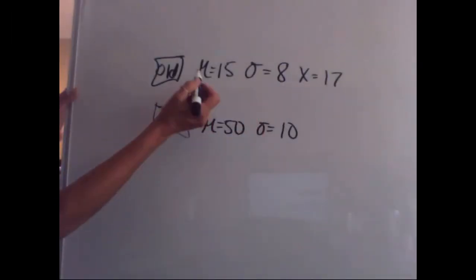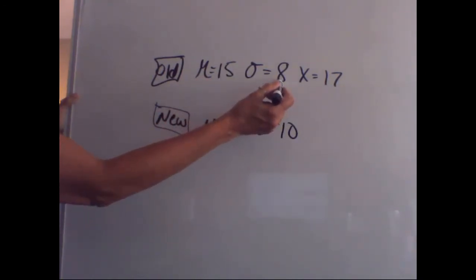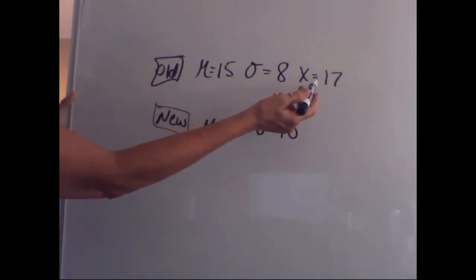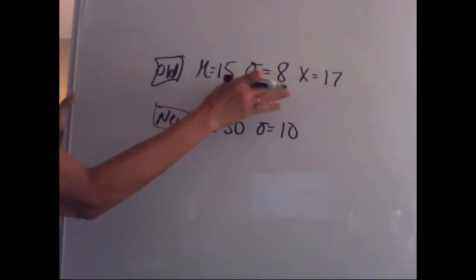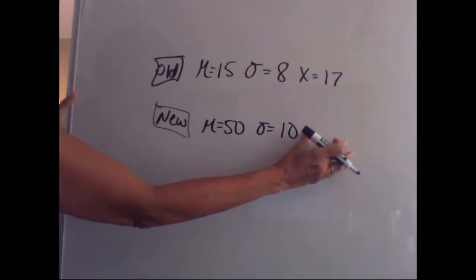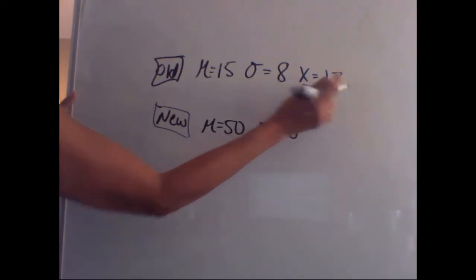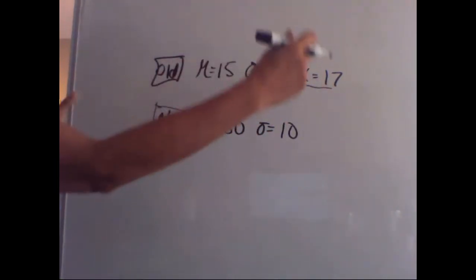So once again, our old distribution has a mean of 15, a standard deviation of 8, and we had a score in there of 17. So the very first thing I need to do before I figure out what a score of 17 would be in this distribution is I need to figure out the z-score for 17. What is the z-score in this distribution? Where is it located?